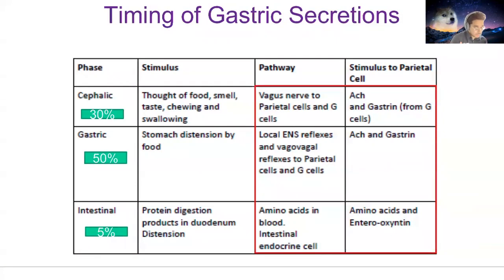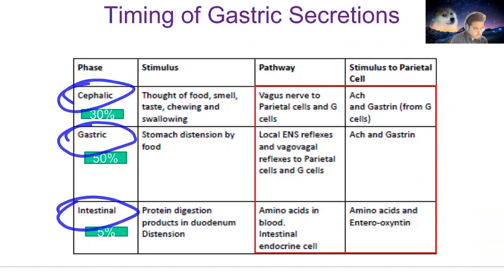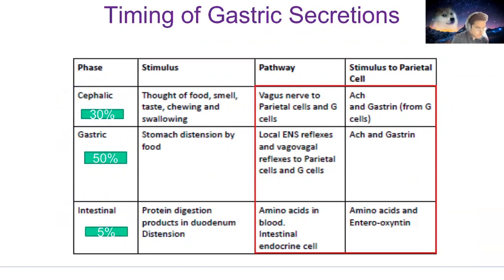They did ask about this in terms of our exam. There's the cephalic, there's the gastric, and the intestinal. The cephalic is the one that is just straight up, you're daydreaming about food that you're going to be having for lunch. It's a glorious time, but nothing mechanically happening. Of course, you could have some chewing and swallowing components that could make this more predominant.